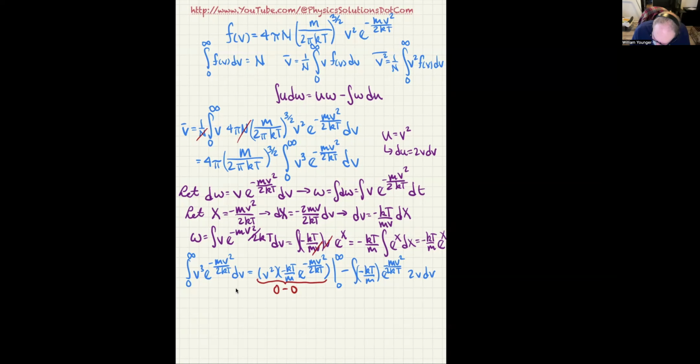But the negative in front of the integral, which is also from zero to infinity, is going to combine with the negative in the kt over m.